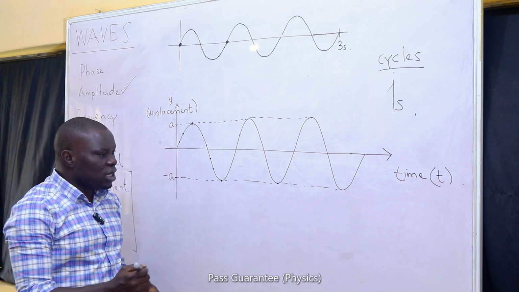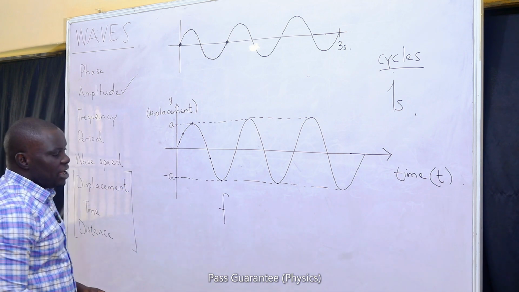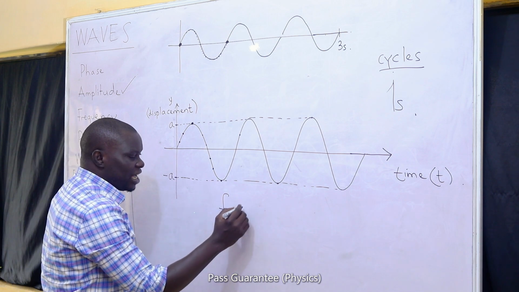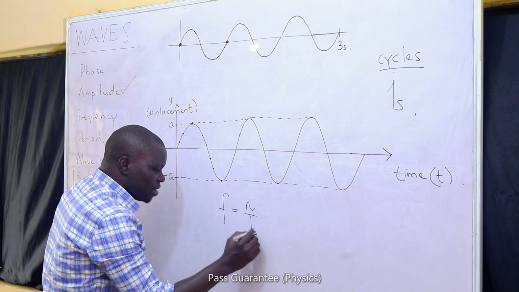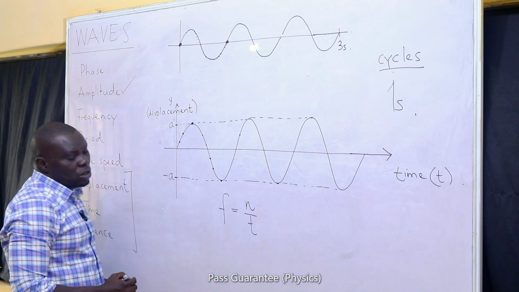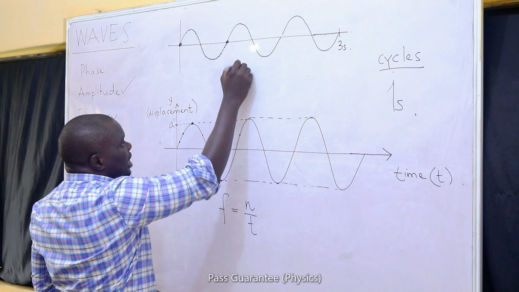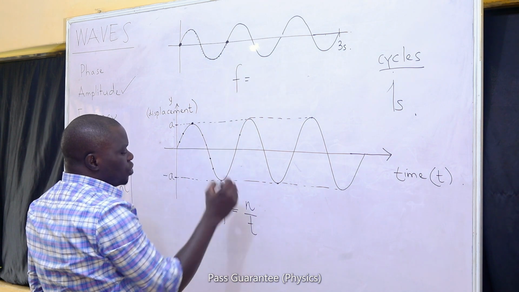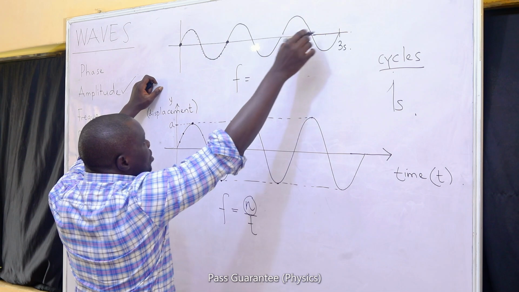So a very simple way to get the frequency, which I'm representing with letter F, is to divide the number of cycles that you are given by the number of seconds that it took to complete that number of cycles. For example, if I'm to apply that here, the frequency must be equal to, what's the number of cycles that I have on the board? I have 3 cycles on the board.